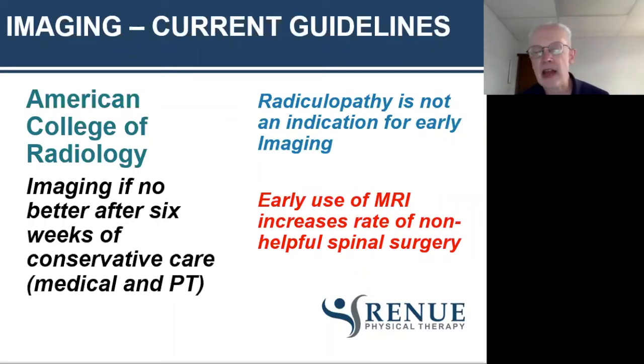So imaging, in the absence of definitive fractures, in the absence of red flags, is really not indicated until folks have tried at least 6 weeks of conservative care. Also, radiculopathy, pain down the leg, or early findings of sciatica is not an indication for early imaging because that, again, 80% of the time, it's going to resolve itself completely with no loss of function, no loss of anything within 6 weeks, 80% of the time.